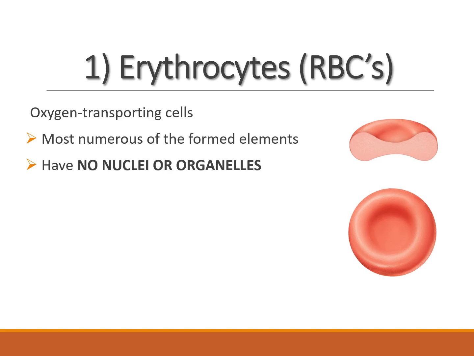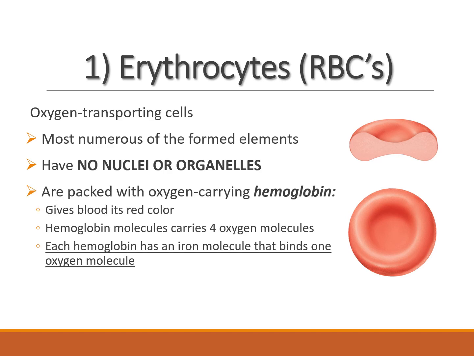They have no nuclei, like we just talked about in the last slide. They don't have any organelles. So remember way back when we were talking about some different cells and tissues, these guys have no organelles whatsoever. So it makes room for the one thing they do have, and that's hemoglobin.